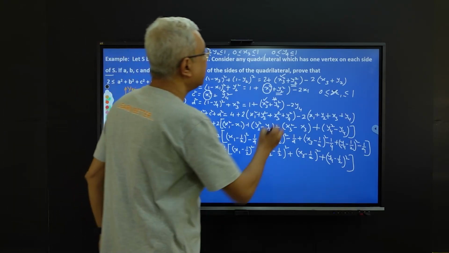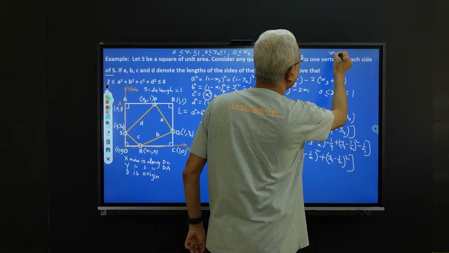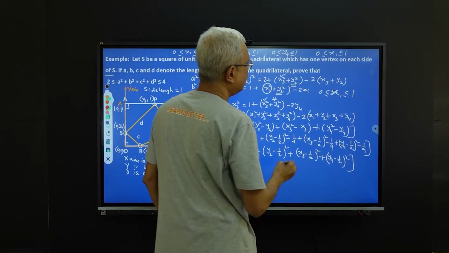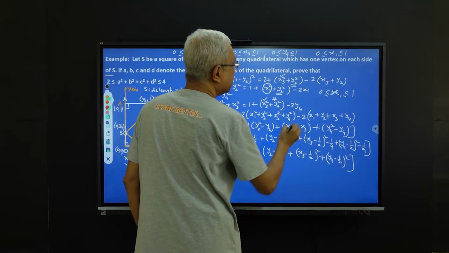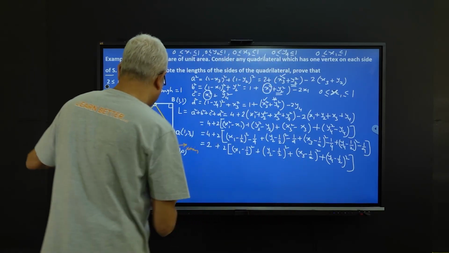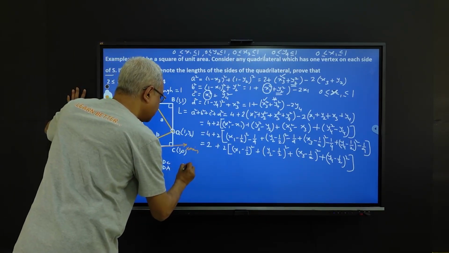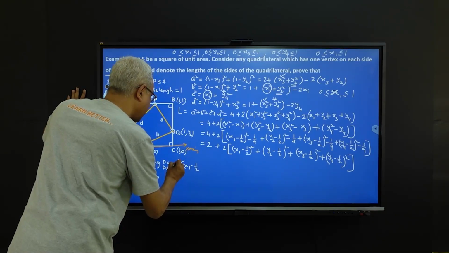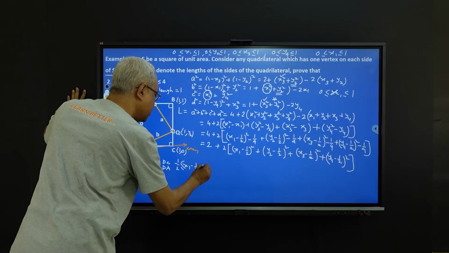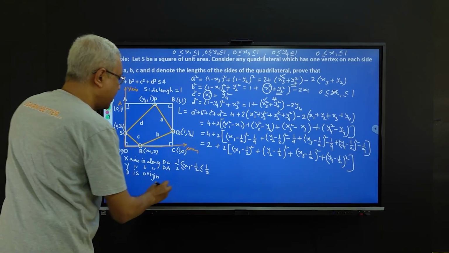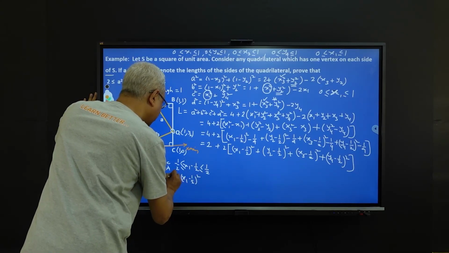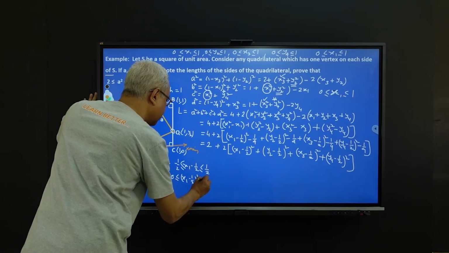So x1 is greater than or equal to 0 but less than or equal to 1. So from this I can write x1 minus half is greater than or equal to minus half but less than or equal to plus half. So x1 minus half whole square is greater than or equal to 0 but less than or equal to 1/4.